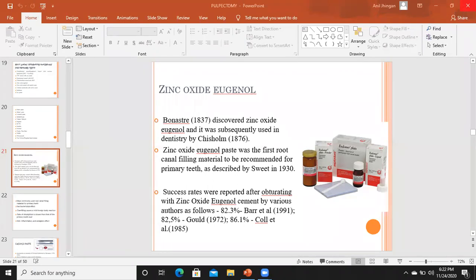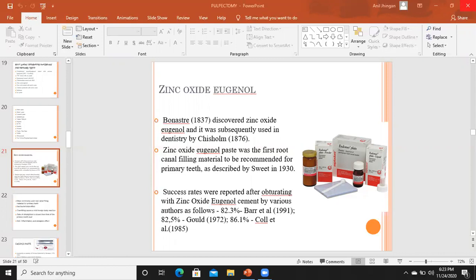So coming back to the type of obturating materials we use in the clinics for pulpectomy. Let's start with zinc oxide eugenol. It was discovered in 1837 by Dumas, and it was subsequently used in dentistry by Tiscombe in 1876.